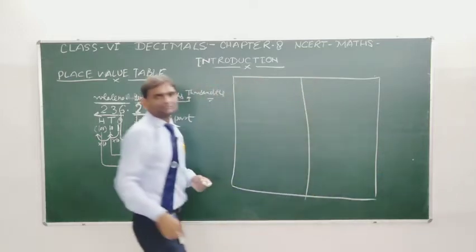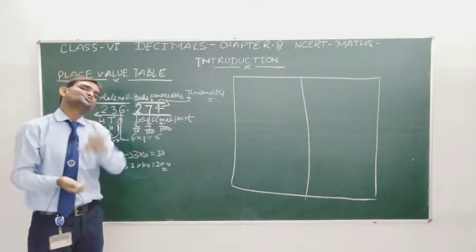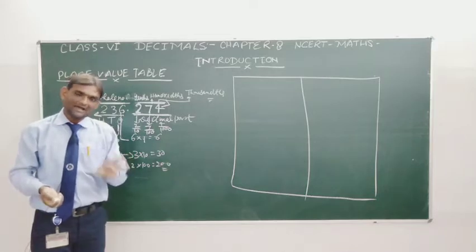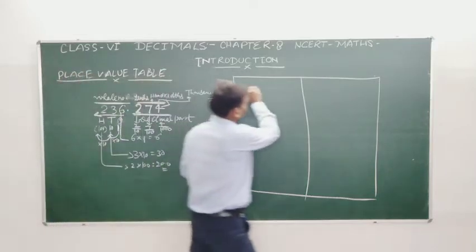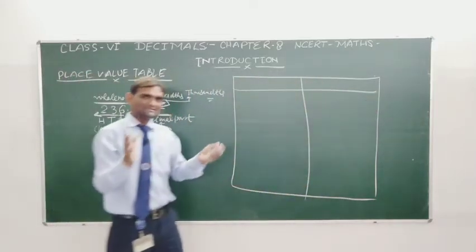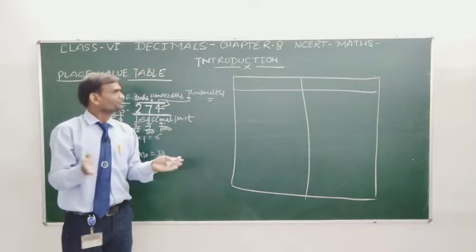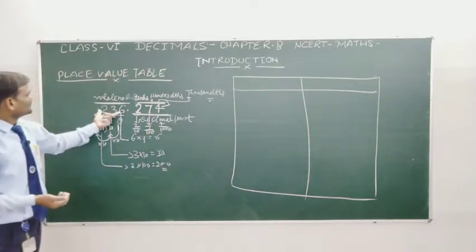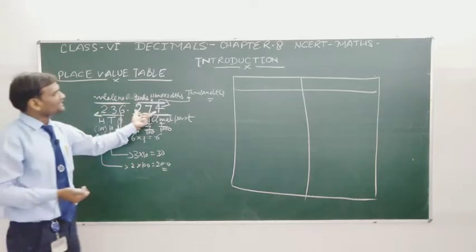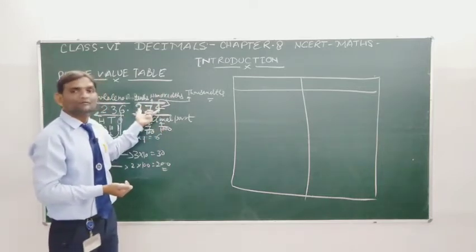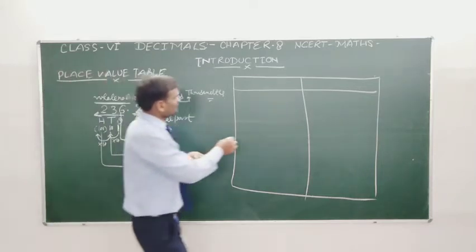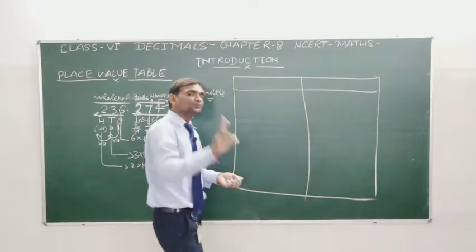And you know, a decimal number has two parts only. I have told you already. The first part is the whole number part and the second part is the decimal or fractional part. So we divide this table in two parts.